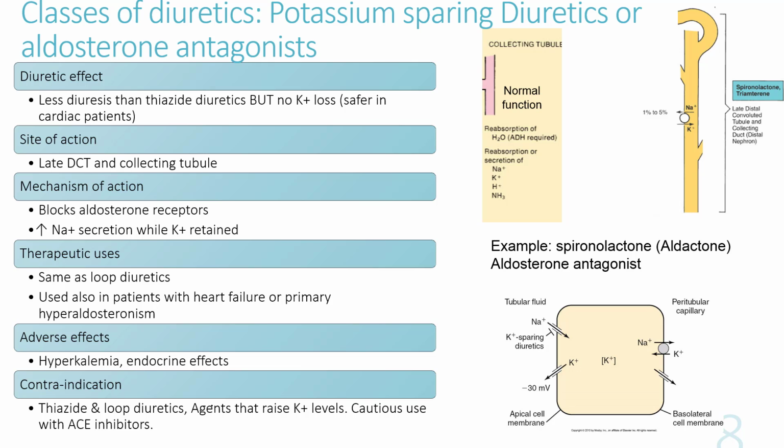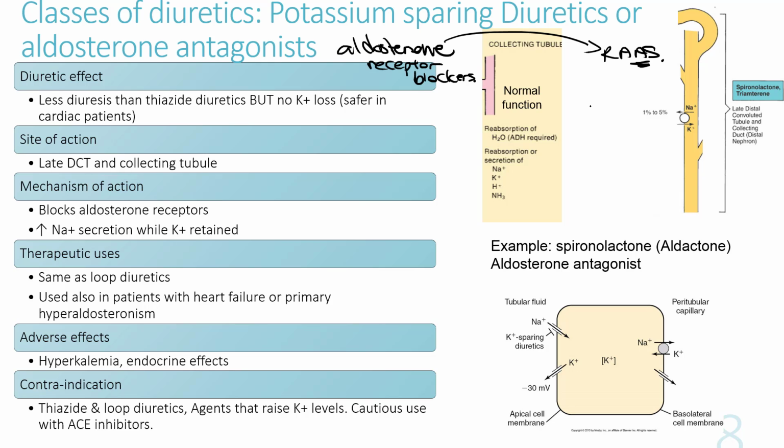Third class of drugs are called potassium-sparing diuretics, and they mainly work as aldosterone antagonists or aldosterone receptor blockers. Now we'll talk about aldosterone later on. Aldosterone is part of the Renin-Angiotensin-Aldosterone system, and it's the second A over here.